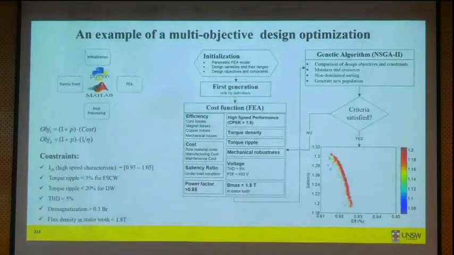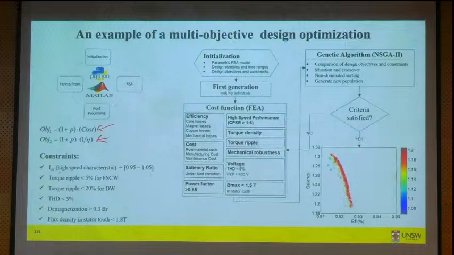Now here you're seeing an example that we did. In this case, we have two objectives: cost minimization and efficiency maximization. And the constraint we used, because it was a traction type application, is that we wanted a wide constant power speed range.